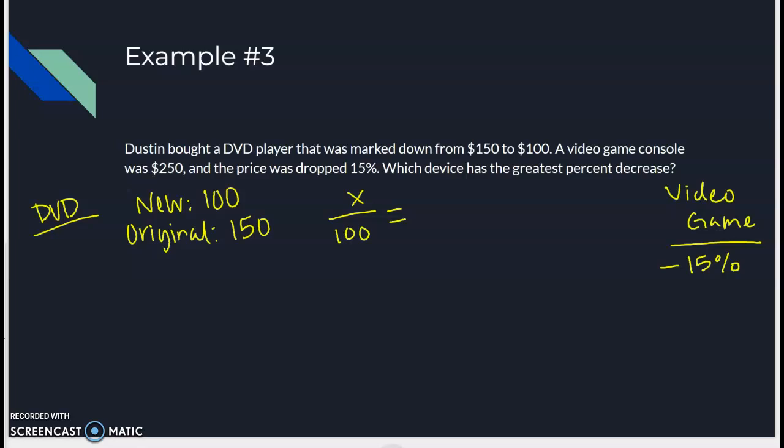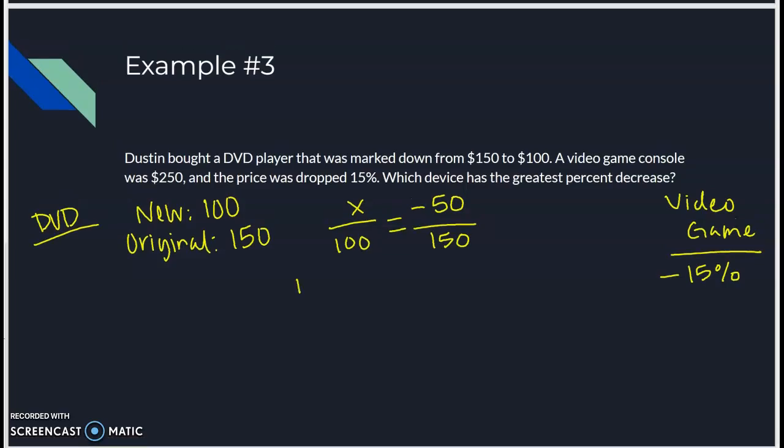Our change, 150 minus 100, was a $50 change. Okay, since we decreased in price, that was a negative $50 over our original price of 150. And then we cross multiply. So we have 150x equals 100 times negative 50.